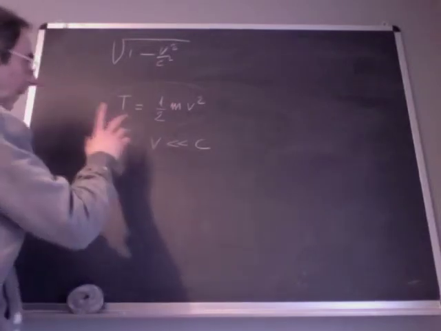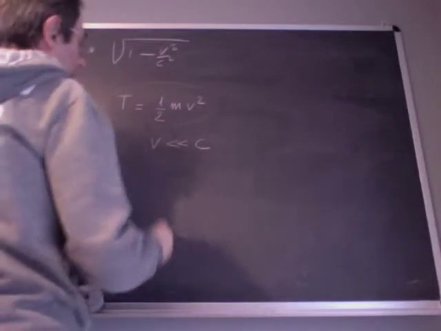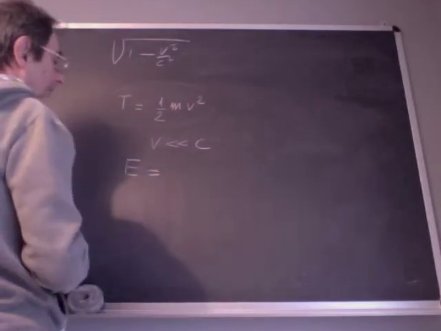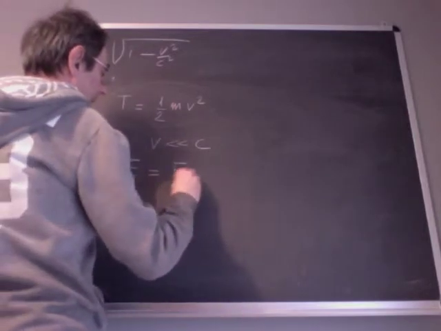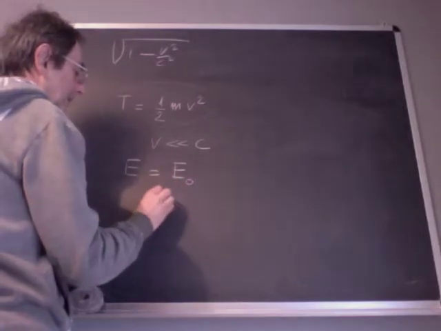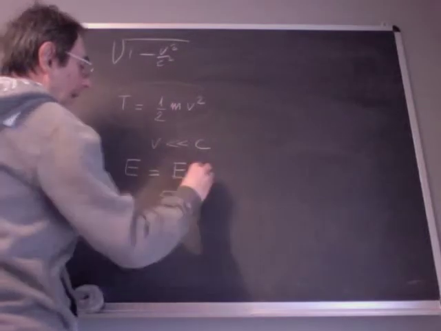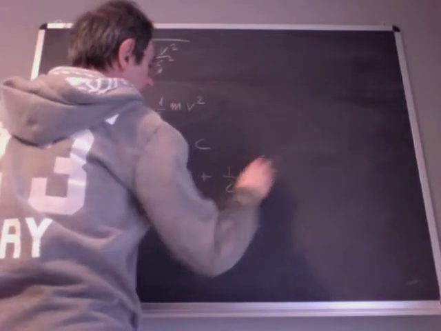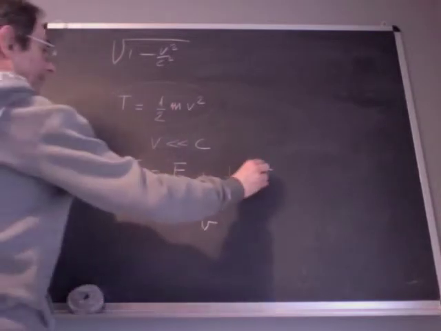First of all, this is the kinetic energy of the body, so we must assume that classically the energy of a certain body should be the so-called rest energy, when the body is standing still, plus the kinetic energy due to the fact that the body is moving with the velocity v.